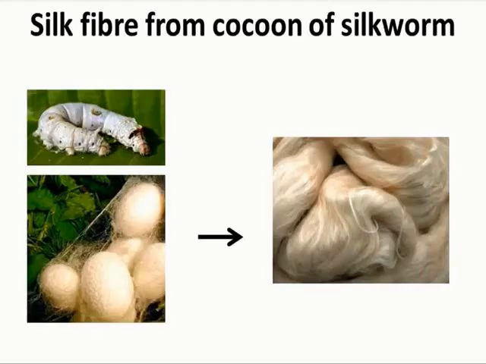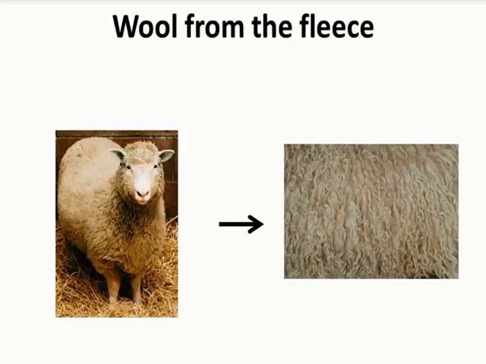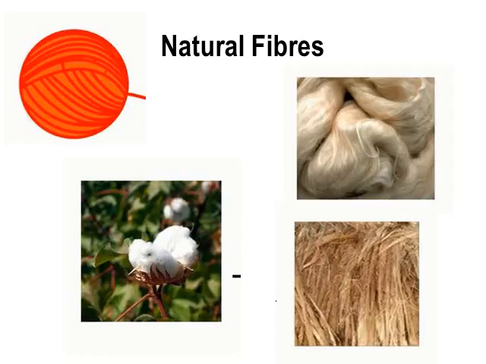Silk is obtained from the cocoon of silkworm, and wool is obtained from the fleece, that is hair of animals. Can you name a few animals? I'm sure you know. So we learned that the cotton, jute, silk or wool that we obtain as fibers are either obtained from plants or animals.